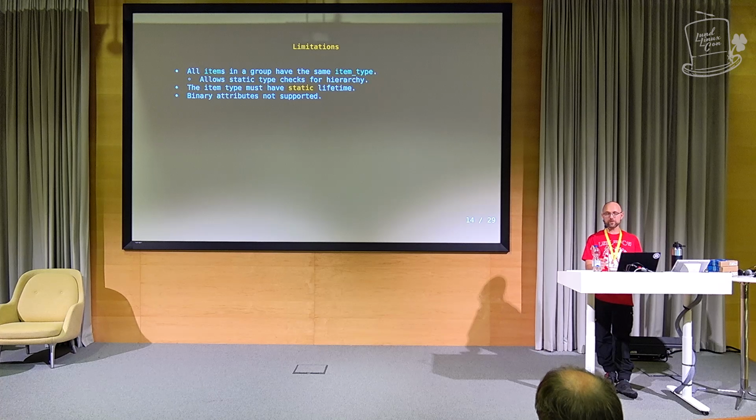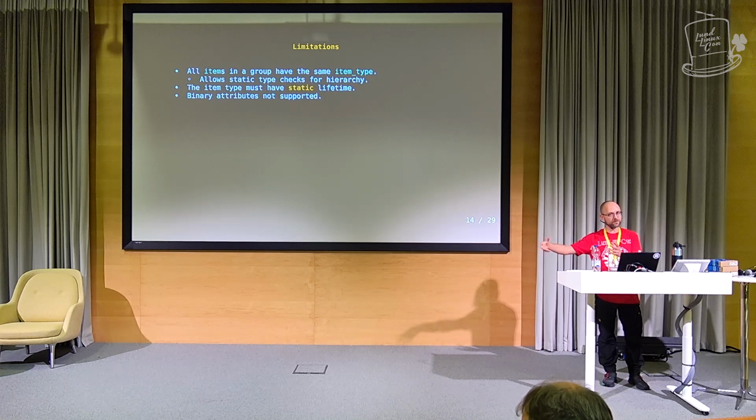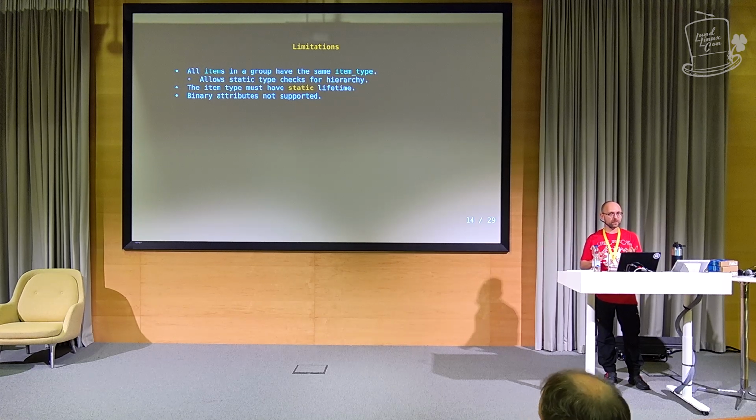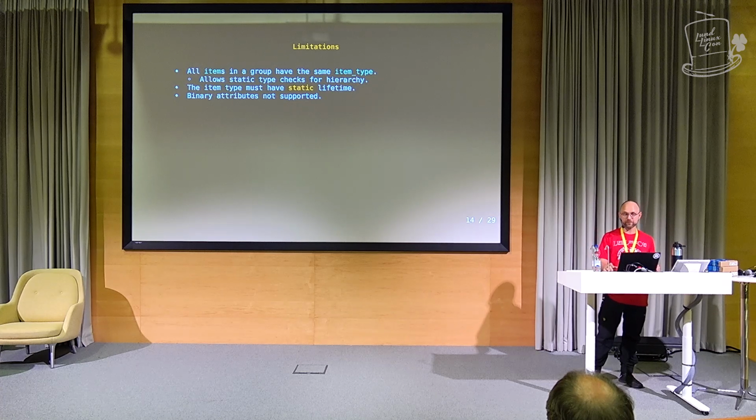Also, groups can have subfolders, and items cannot. But it turns out if you do not populate the vtable pointer that responds to create directory, then you get something similar to just having an item. So you don't need to be able to create items. You can just create groups, and if you don't want subfolders, you just don't populate that pointer, and then it's the same. So let's not have that.